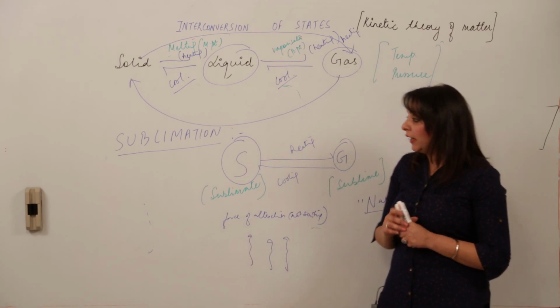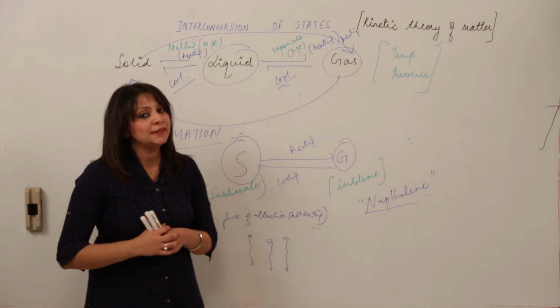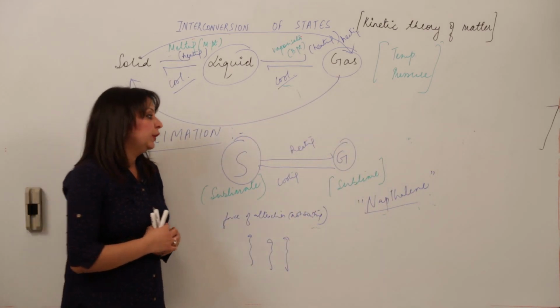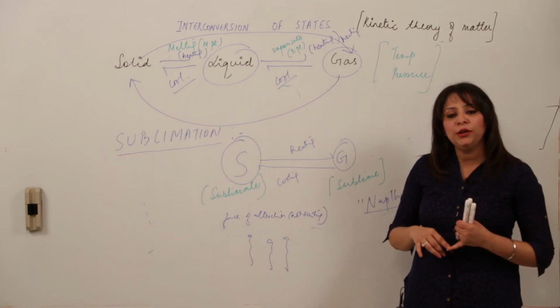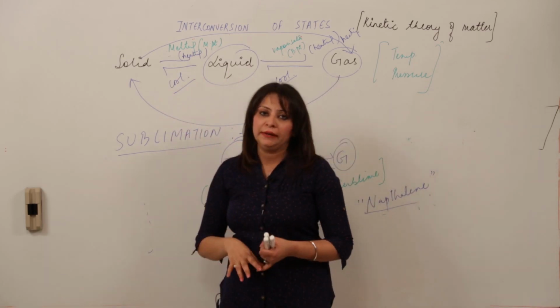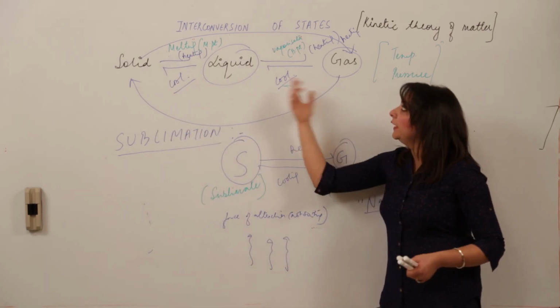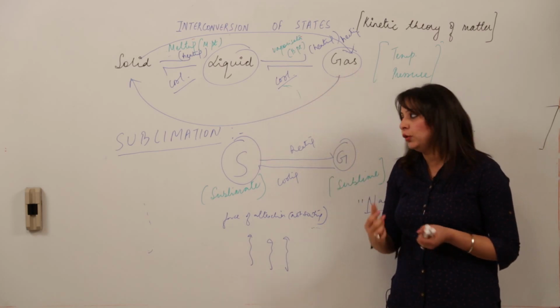And one more question I would like to discuss with you. It is beyond your syllabus, but still I want you to know what it actually is. See, when we are converting solid to liquid, we are heating. And similarly, when we are converting liquid to solid, we are cooling. When we are converting liquid to gas, we are heating. When we are converting gas to liquid, we are cooling.